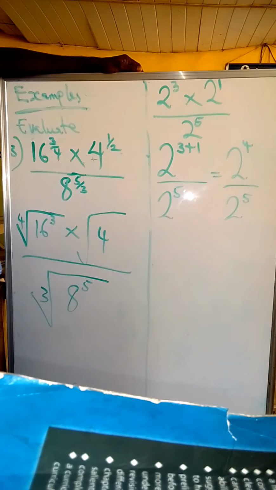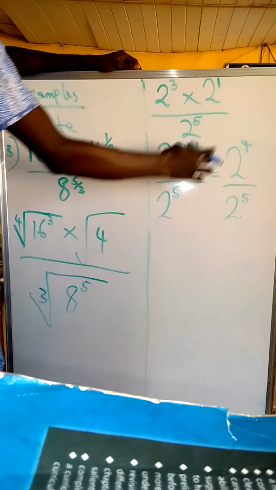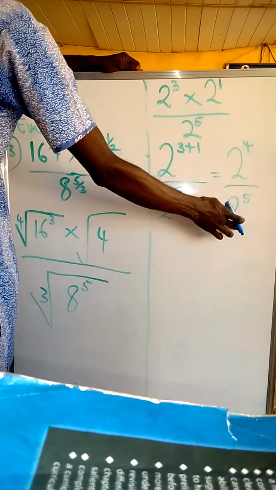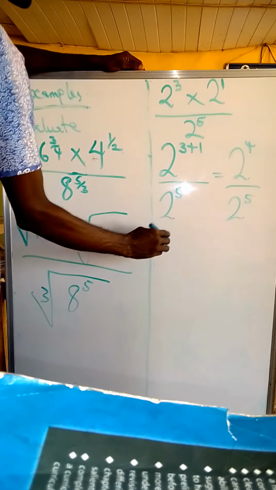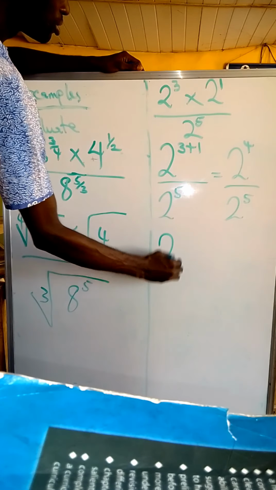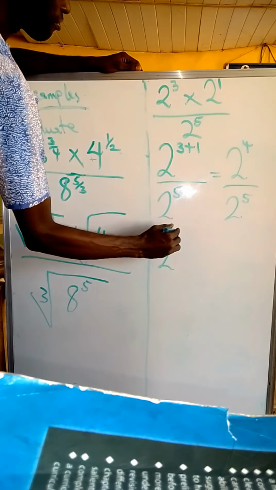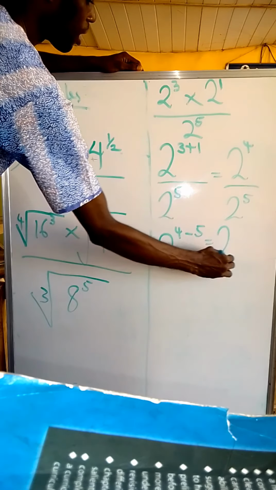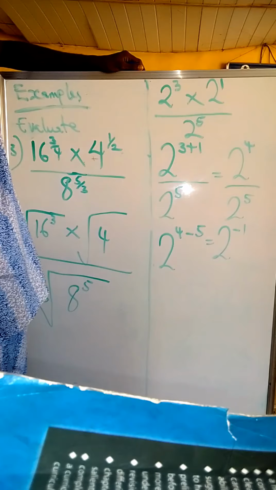Now this is our division law. When you have the same numbers and you have to divide them, you just pick one of the 2 numbers, then you subtract the index. Therefore, we have 2 raised to the power, what are the indices? 4 and 5. That is 4 minus 5. And that gives us 2 raised to the power minus 1. And that's our answer.